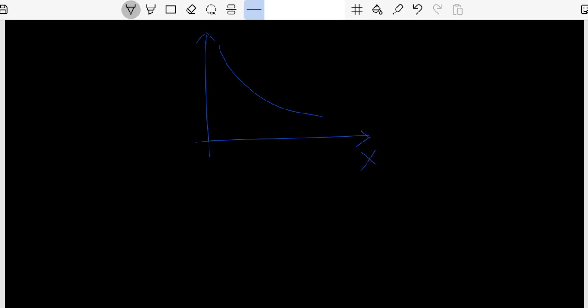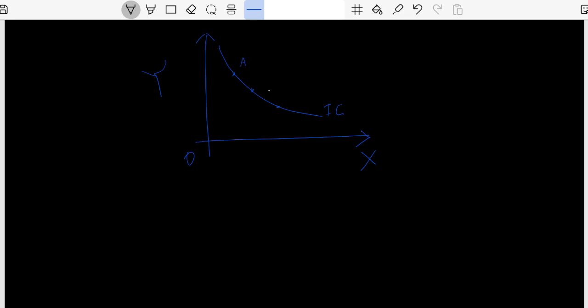We had good x here and good y here, and this is your indifference curve. Any point on this indifference curve gives you the same satisfaction, correct?